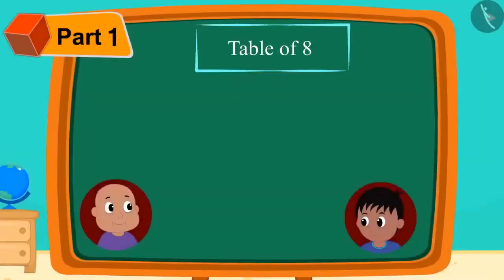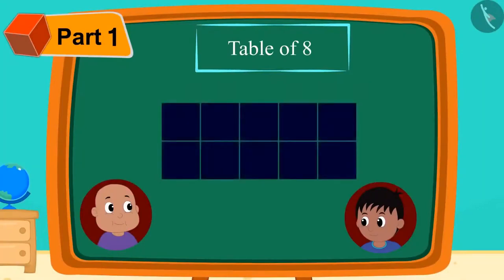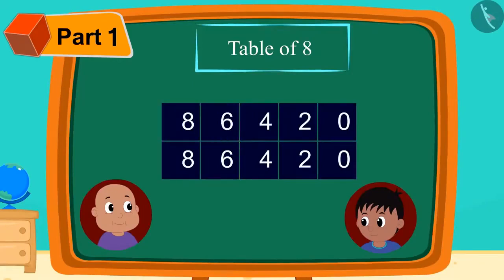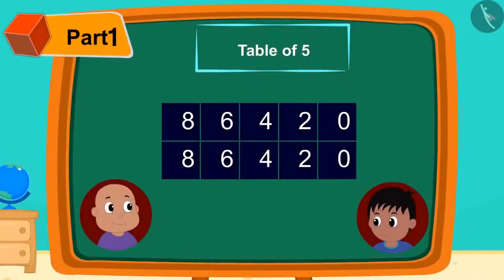Raju once again made such a table. Now he filled these patterns in both lines: 8, 6, 4, 2, 0. Now in front of the digits written in the first line, Raju wrote 0, 1, 2, 3, 4 in this way.